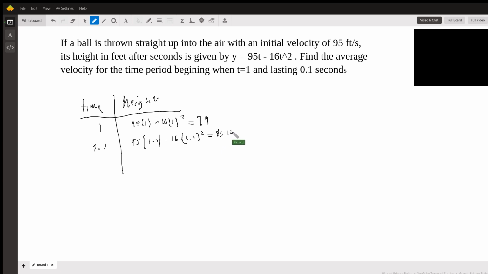And now we're just finding slope, change in y over change in x. So it's going to be 85.14 minus 79 over 1.1 minus 1.